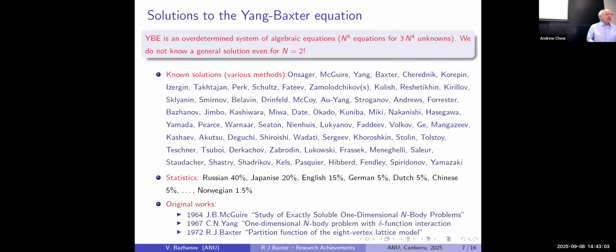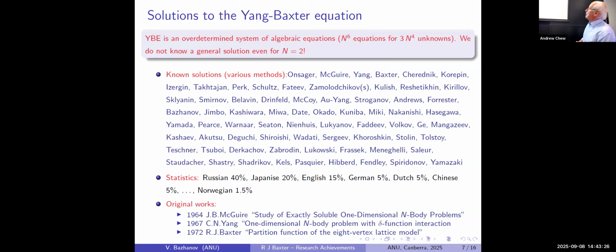So on this slide, I tried to list all people who solved the Yang-Baxter equation. I'll tell a little bit later about the name of the equation. Surely I forgot someone.